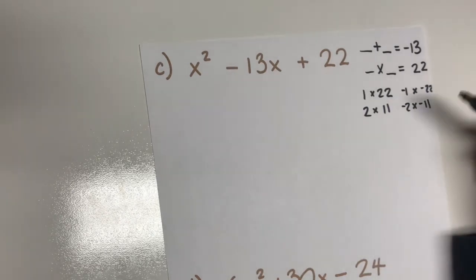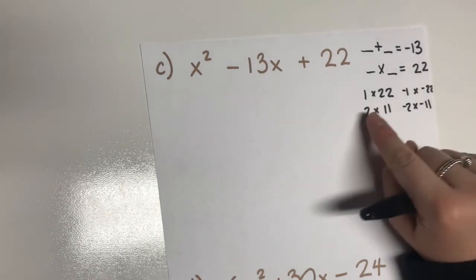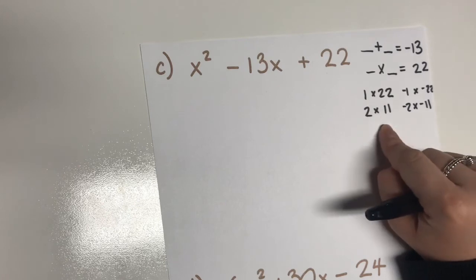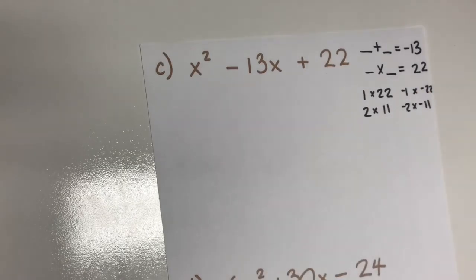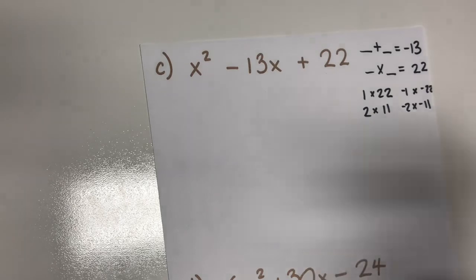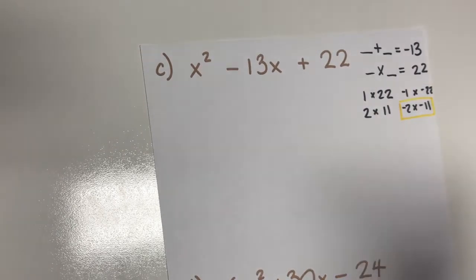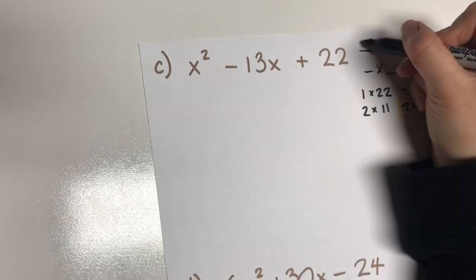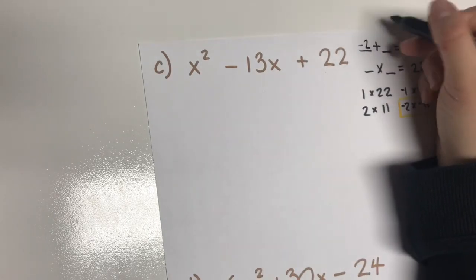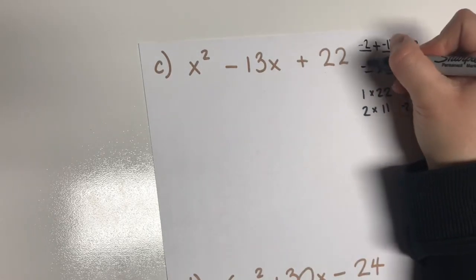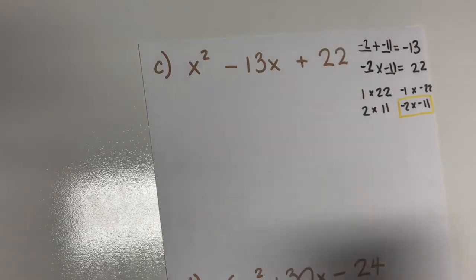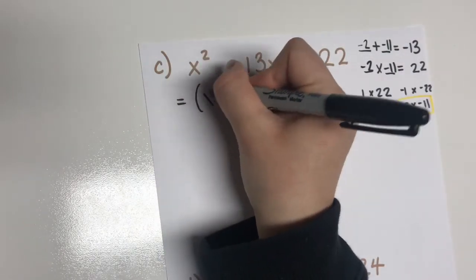And then looking at them, which of them add to get negative 13? Not these, it's this one over here. These two add together to make negative 13. So that's what I'm going to fill in.